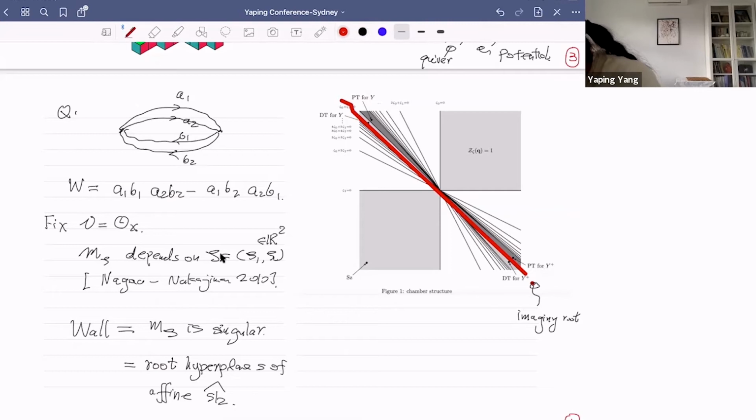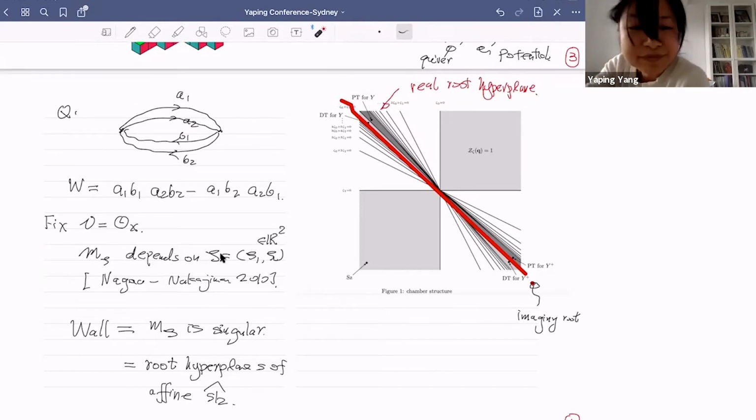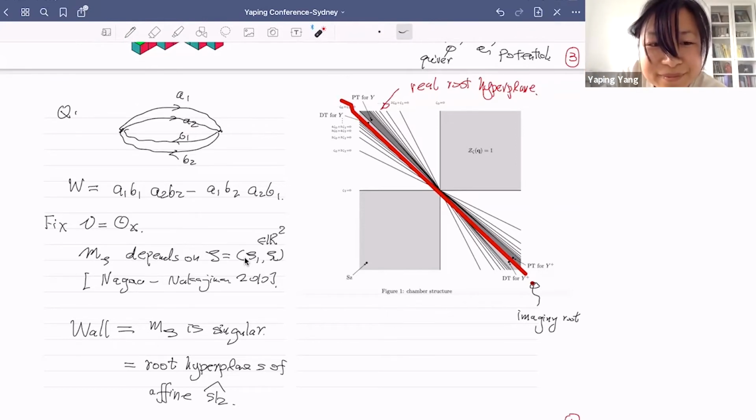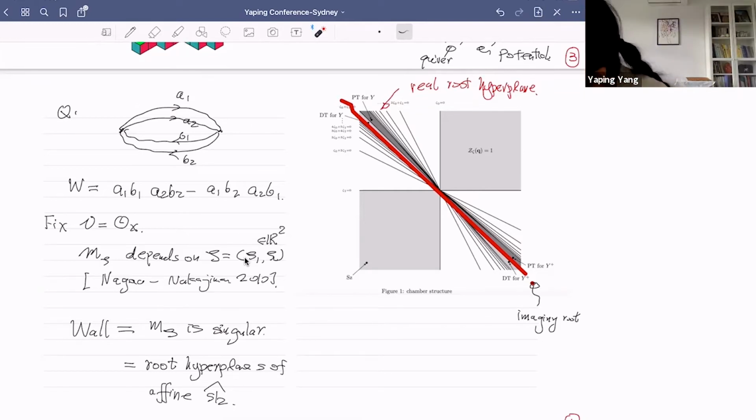So all the others correspond to the real roots. So there are infinitely many real roots. If you see here, the real roots get closer and closer to the imaginary root, but can never equal it.